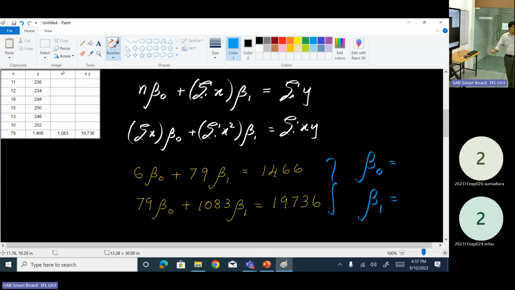So what are the values? Beta naught is 111.03 and beta 1 is 10.12.